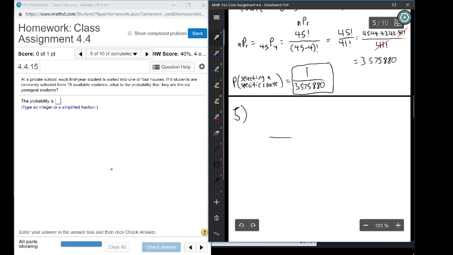So there's 4 possibilities. If 6 students are randomly selected from 15 available students, what is the probability that they are the 6 youngest students? So here, order doesn't matter because all students are equal.